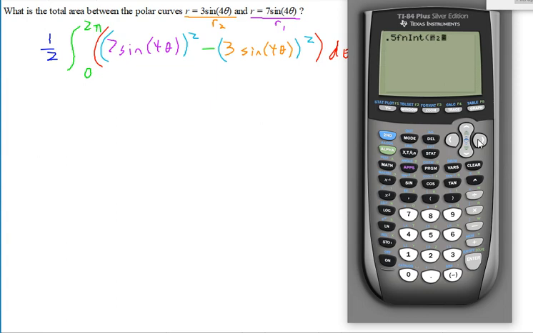So R2 squared minus R1 squared. Comma, theta is the variable, comma, lower limit 0, comma, upper limit 2 pi.